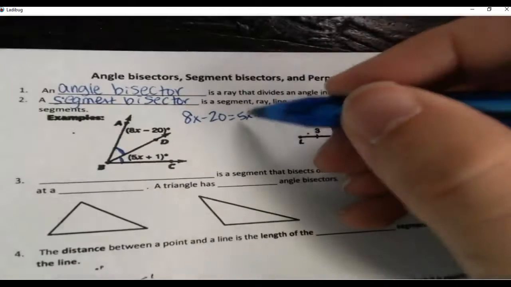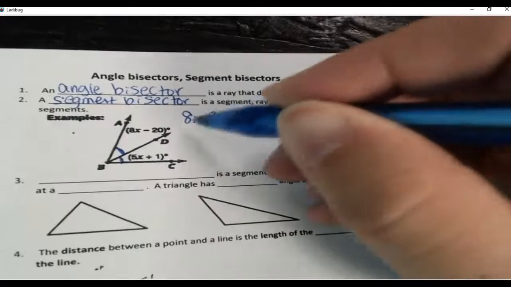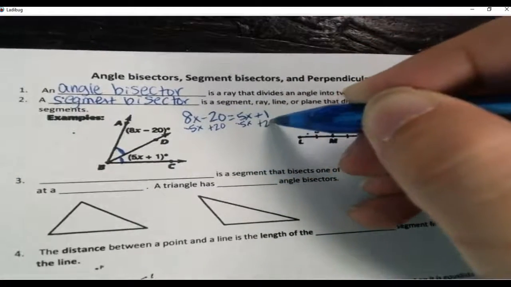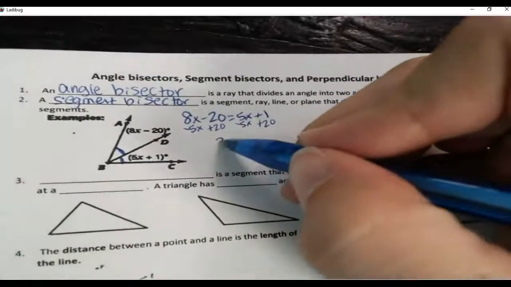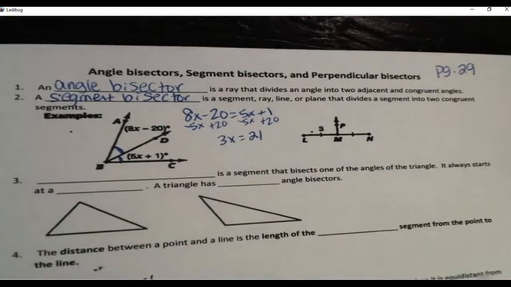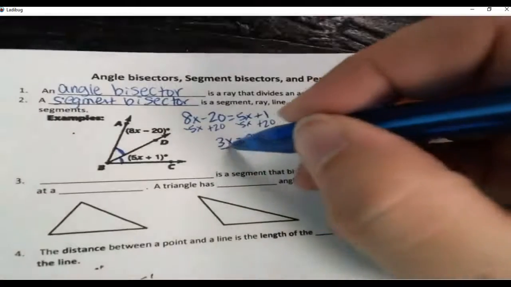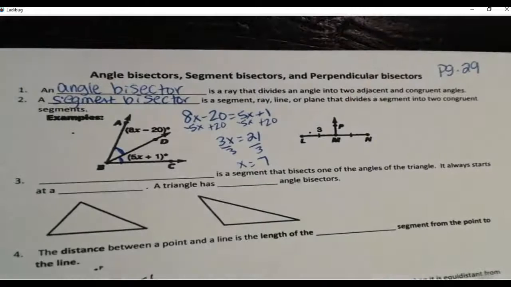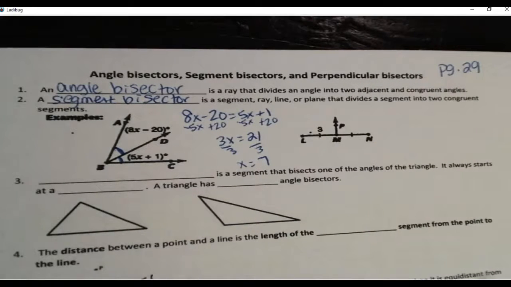And then we just solve it. So I can subtract the 5. I can add the 20. So then we get 3x equals 21. And then we divide by 3. And so we get x equals 7. Good, set. Questions?